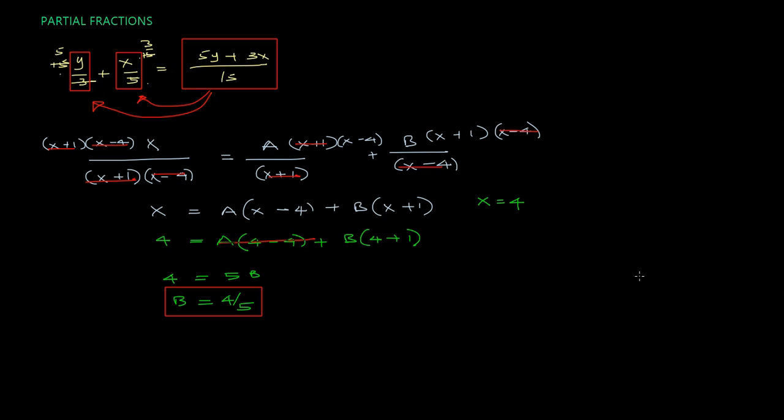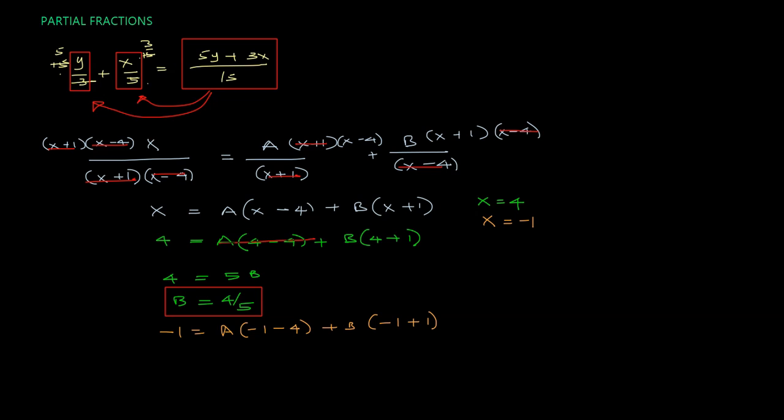Let's go back again, eliminate b, and solve for a. How are we going to do this? What we do here is we give x equals negative 1. So we have negative 1 equals a in brackets (negative 1 minus 4) plus b (negative 1 plus 1).